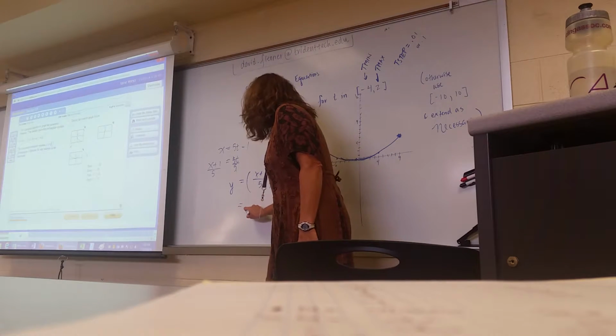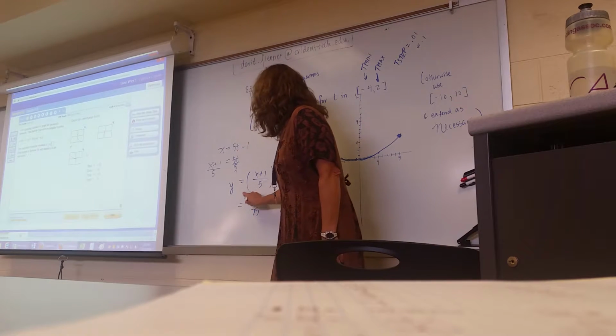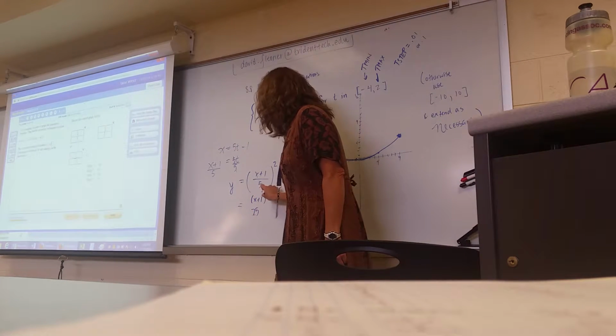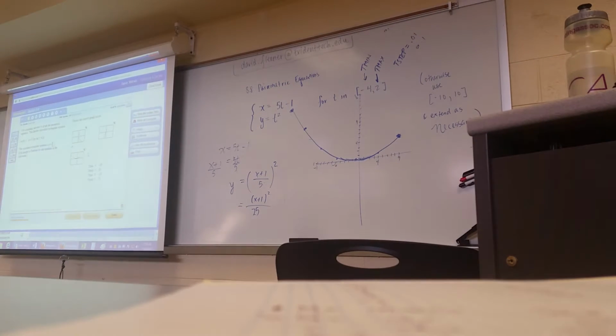The 5 squared, which is 25, x plus 1, quantity squared. That might be good enough. Otherwise, you have to FOIL it out, but should be. Let's see. X plus 1 quantity squared all over 25.